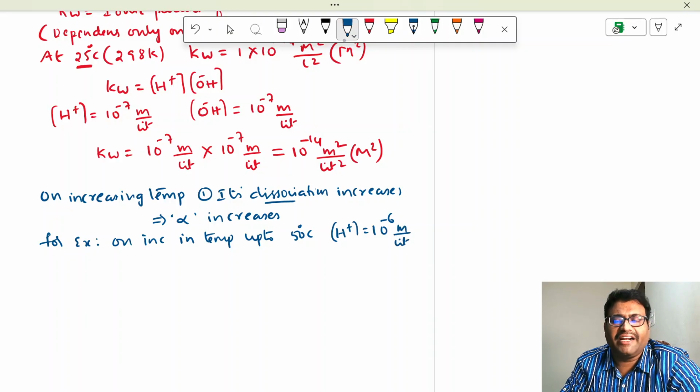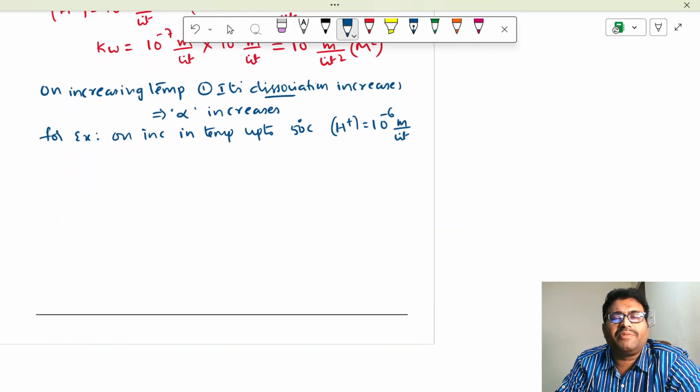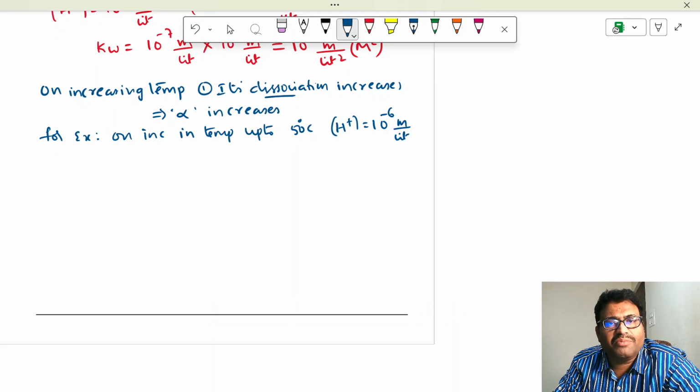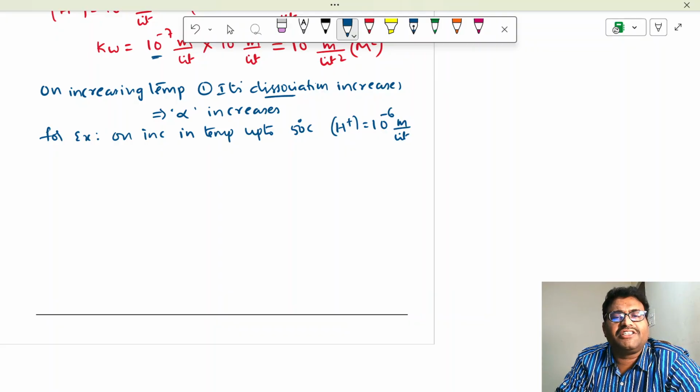It's not the exact value, we are just taking it as an example. Is 10 power minus 6 greater or lesser than 10 power minus 7? No doubt, 10 power minus 6 is greater than 10 power minus 7. That means it is increased.